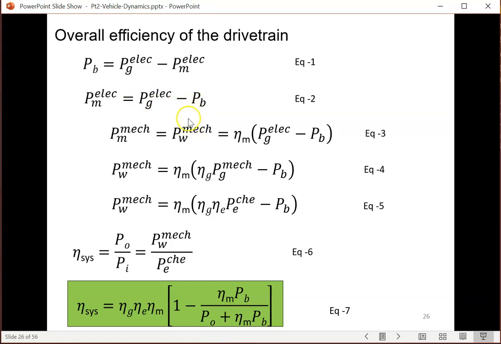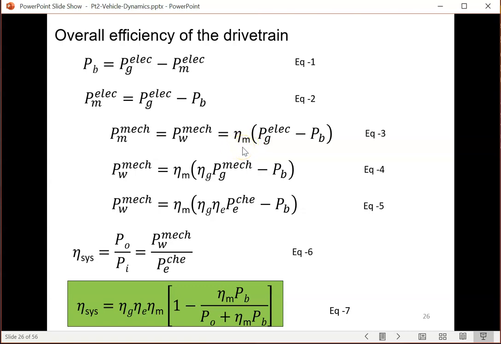Then, because I know the mechanical power of the motor is the same as the mechanical power of the wheels, which is the same as the electrical power of the motor times the motor efficiency factor. So this in the bracket is what's in equation 2: the electrical power of the motor times the efficiency factor. That will give me the mechanical power, because this is less than 1.